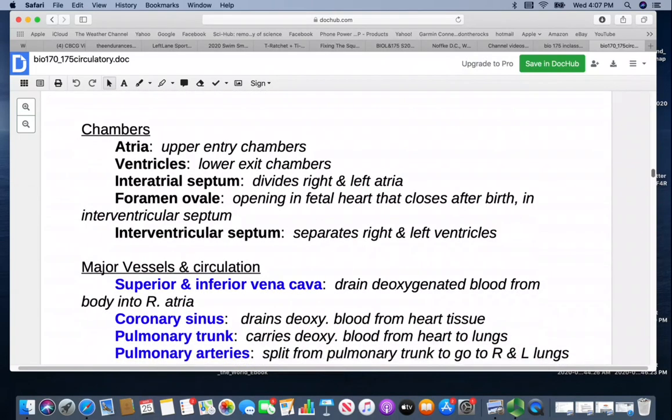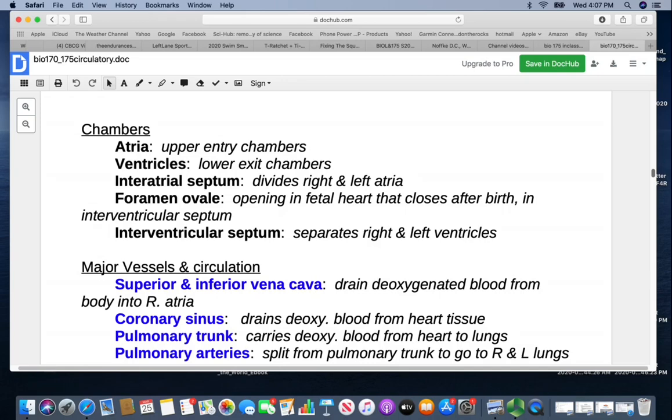So the heart has 4 chambers. The atria are the 2 upper entry chambers, while the ventricles are the lower exit chambers. So you have 2 atria, 2 ventricles. The interatrial septum is going to divide the atria into right and left areas. The interventricular septum is going to divide the ventricles into right and left areas.